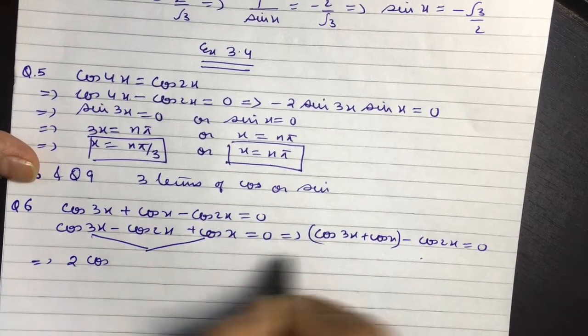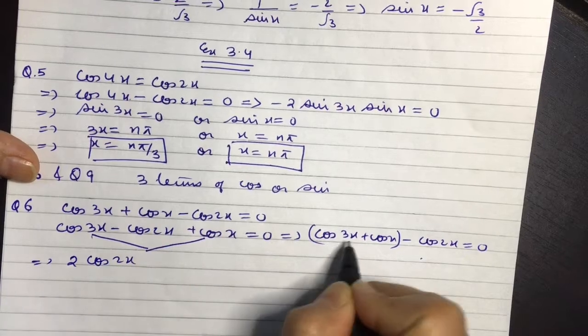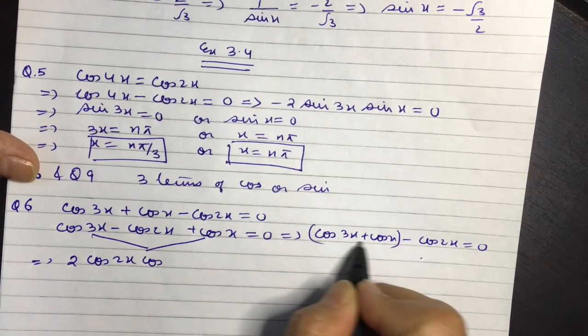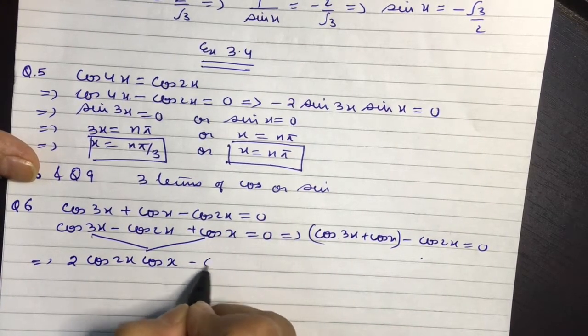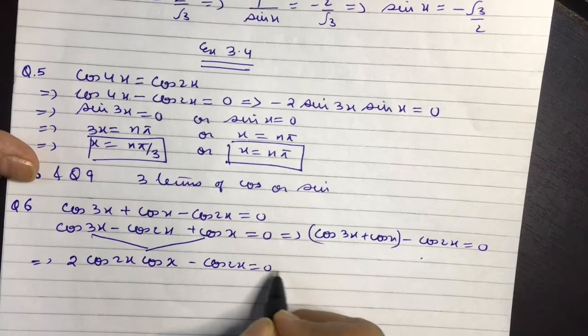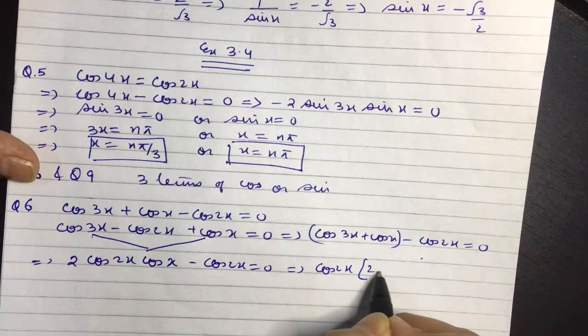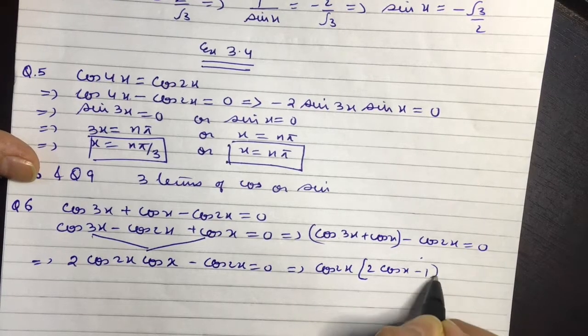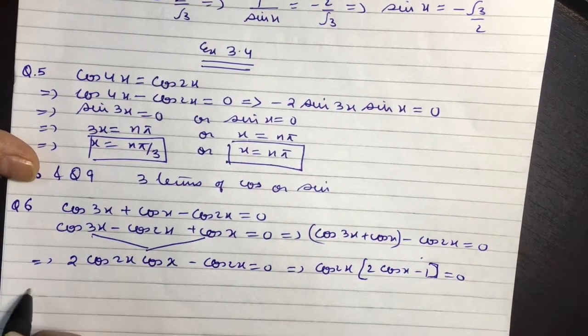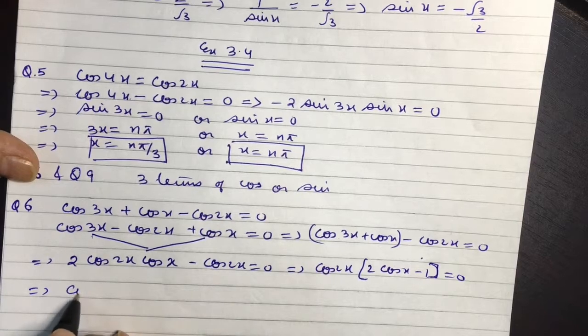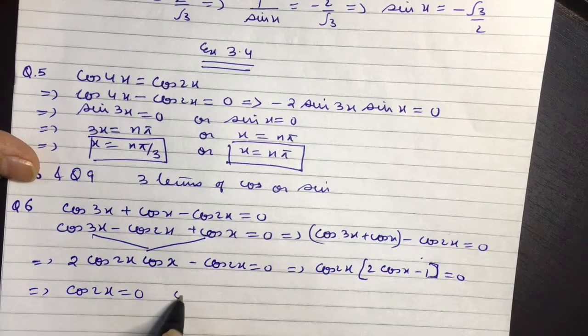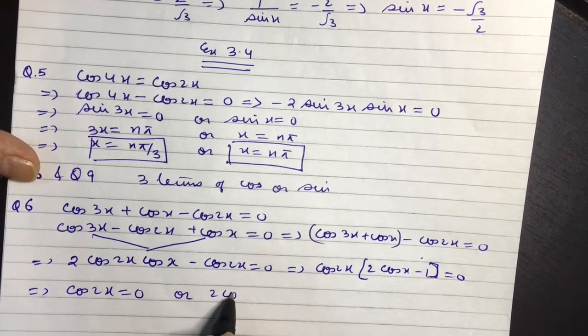2 cos of 4x by 2, that is 2x, cos of 2x by 2, that is x, minus cos 2x equal to 0. We take common cos 2x, we are left with 2 cos x minus 1 equal to 0. This gives us cos 2x is 0 or 2 cos x minus 1 is 0.